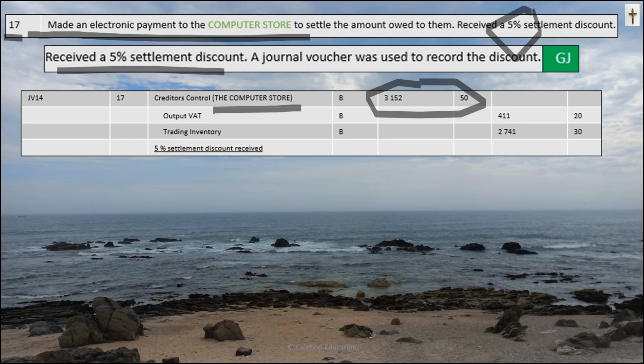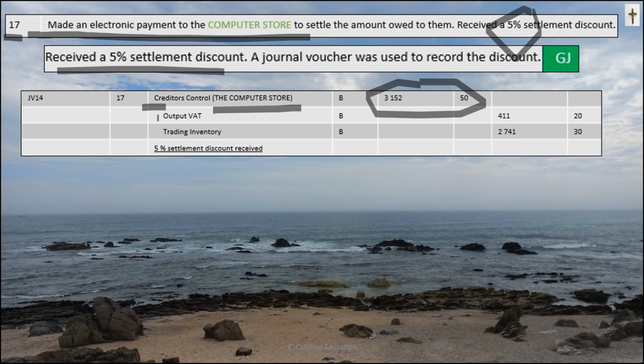We debited creditors control because we owe the computer store less. It's a decrease in liability. More on that in a moment. When we bought stock from the computer store, we could claim input VAT, but now the amount that we owe the creditor has actually got smaller.